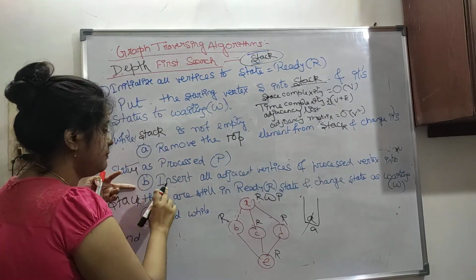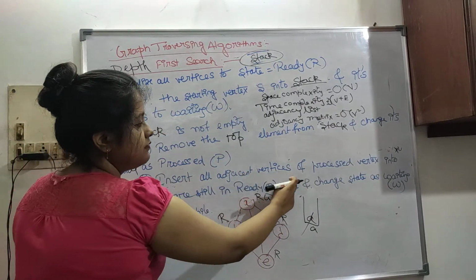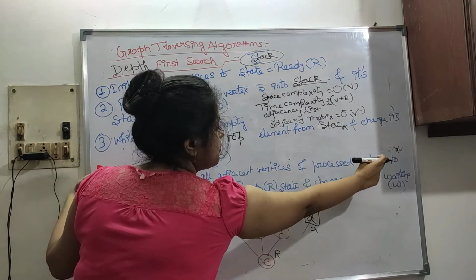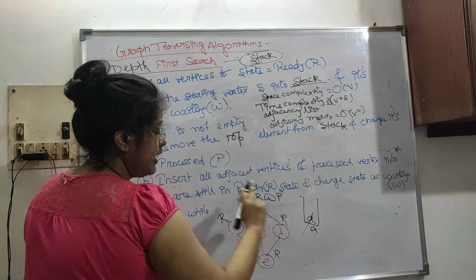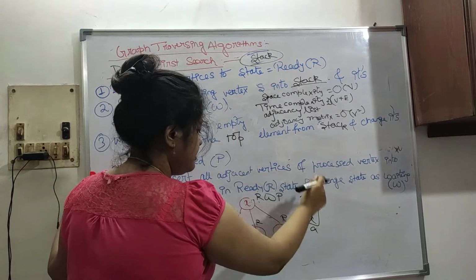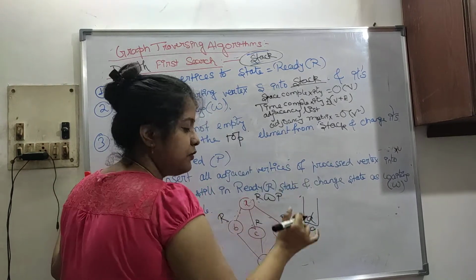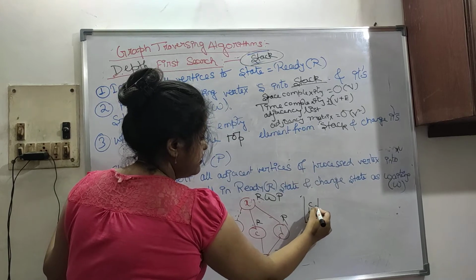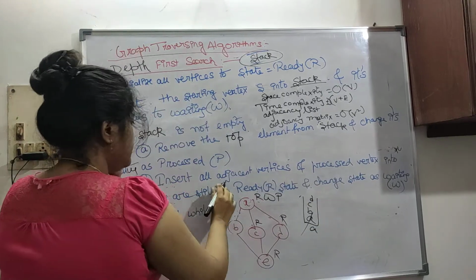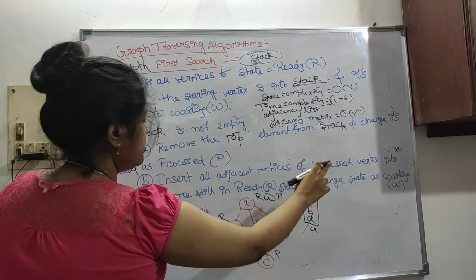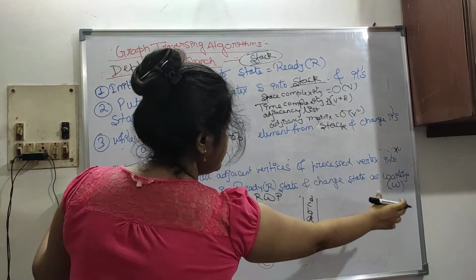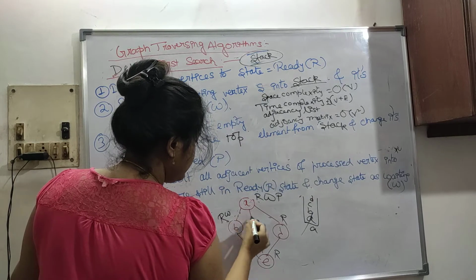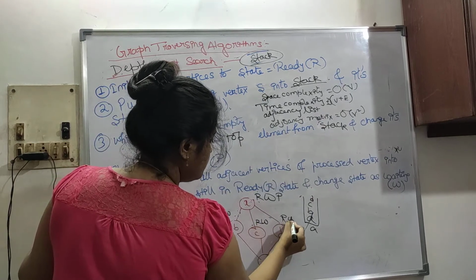Now 3B, insert all the adjacent vertices of the processed vertex into the stack. So B, C, D, in any order they can come. We are taking B, C, D. Insert all the adjacent vertices in the ready state and change their state to waiting.